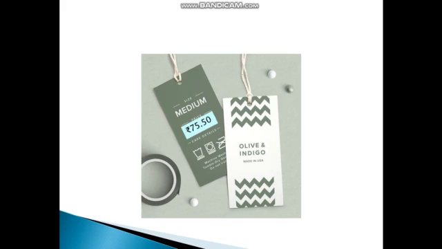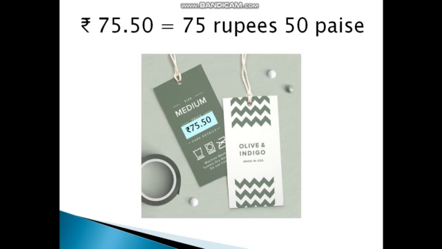Now, children, you must have seen such tags. These are called price tags. So where you see here, there is money written over here that this cloth, dress, is of this much amount. So how can we read this amount? This money can be read as 75 rupees 50 paise.